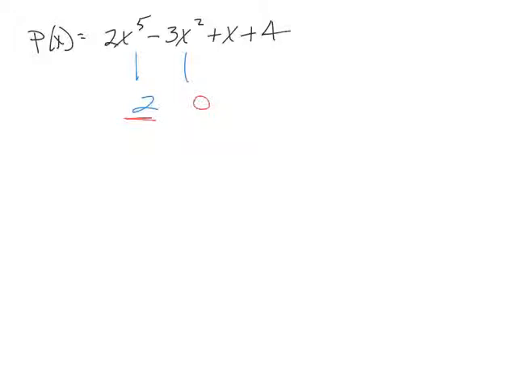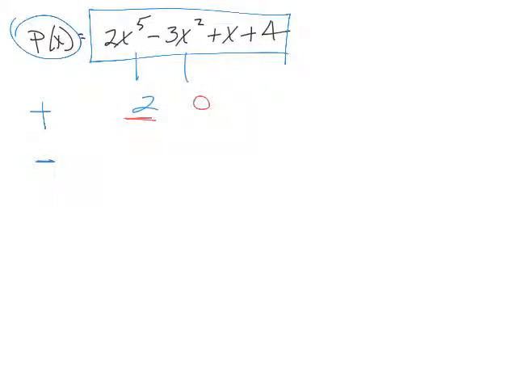Negative real number solutions. How do we decide if there are any negative real number solutions? Okay, so these are positive real number solutions. How do we determine how many negative real number solutions? Well, we look at the same polynomial function, but instead of finding p of x, we're going to find p of negative x.